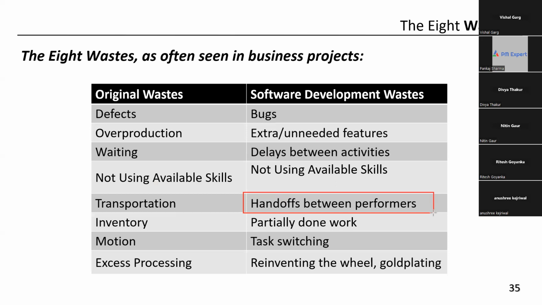Maybe Ishan will send mail to Ritesh for something, Ritesh will send email to Vishal, and Vishal may send something to Divya. This is handoff. Now, if there is a lot of handoff or handback, will there be loss of time or not? Yes, it will delay.